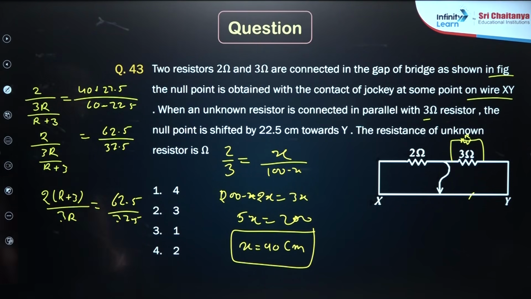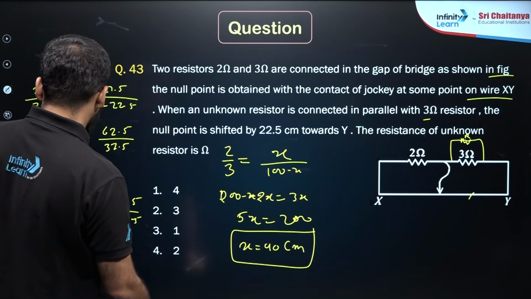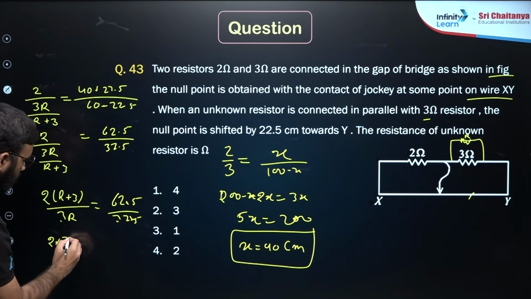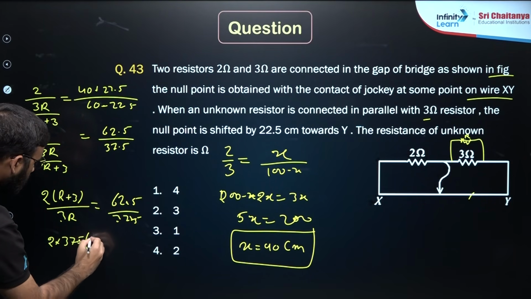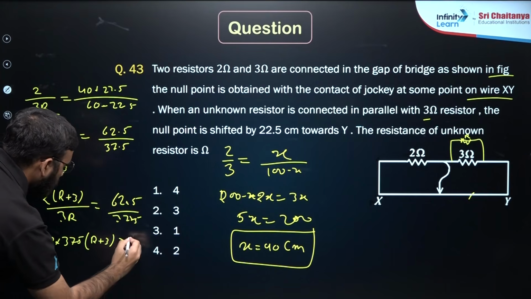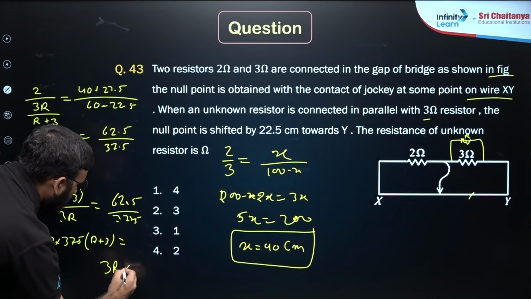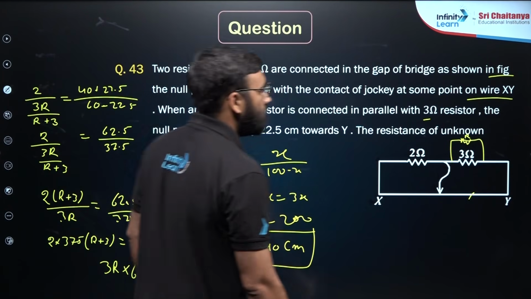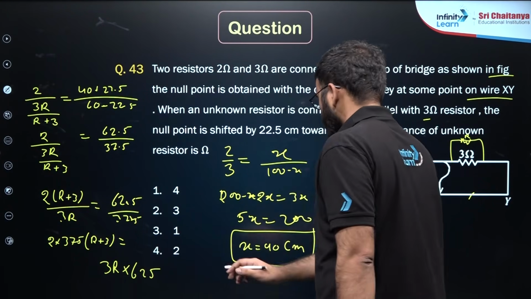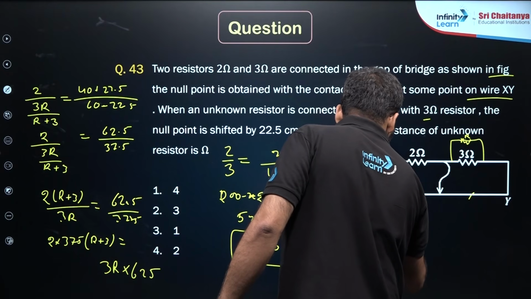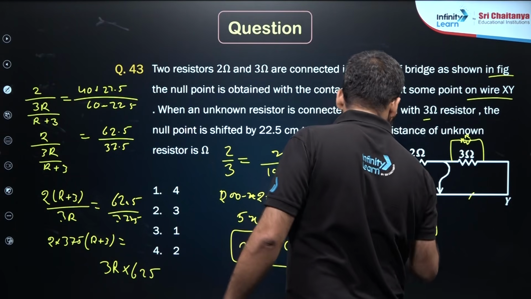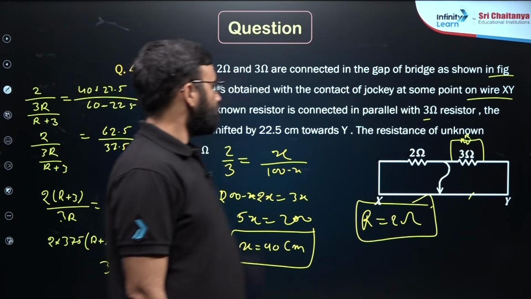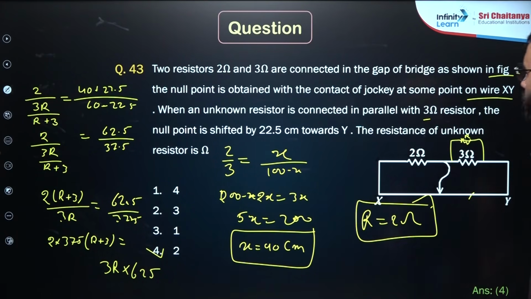Just you can cross multiply this one, so 75 into R plus 3 equals 3R into 62.5. So just you can solve this one, so R equals, you can get, 2 ohm. Option 4th is your correct answer beta here. 4th is your final answer.